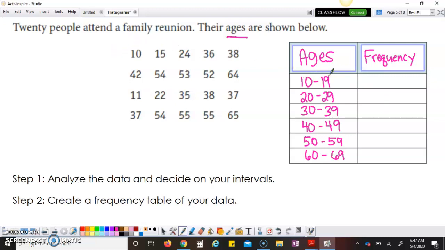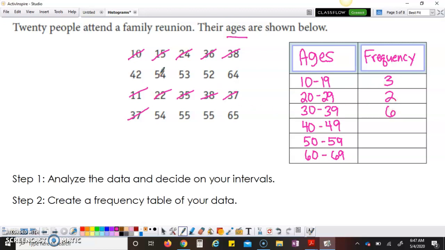Okay, so let's look at our ages of our people at the reunion and see how many people are between the ages of 10 and 19. So we've got 1, 2, 3 people. Okay, so our frequency is 3 people. 20 to 29, we've got 1, 2, looks like only 2 there. 30 to 39, 1, 2, 3, 4, 5, 6 people.